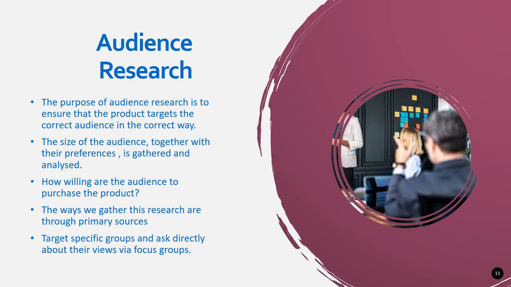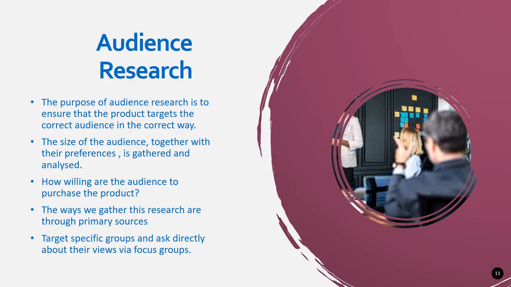The main thing that it comes down to essentially is money. That's the most common kind of reason for producing products, isn't it? Is for money. So how willing are the audience going to be to actually purchase your product? If you do research and they're not interested at all, then it's not really a viable product to go ahead with. The way that you gather research for audience research is usually through primary sources.